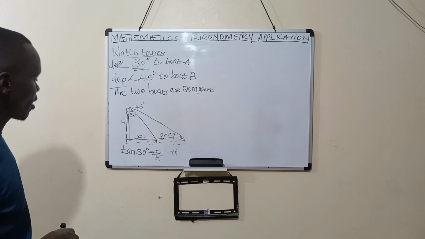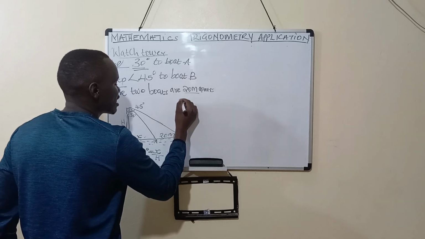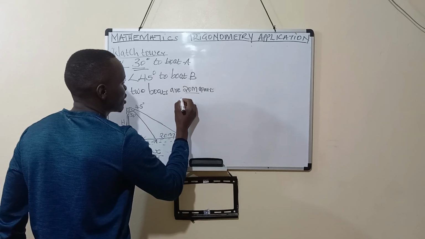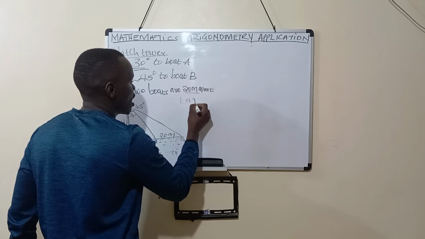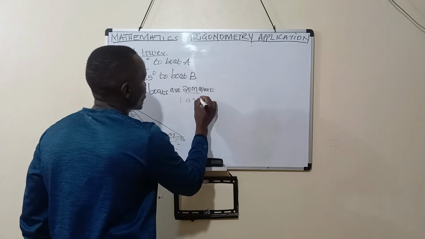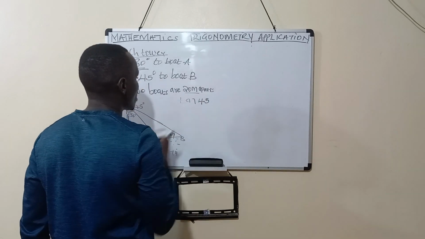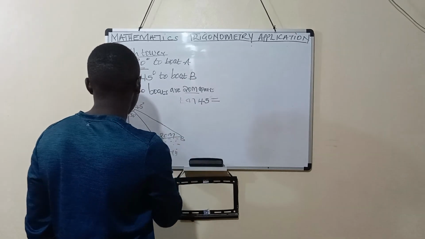Then we can also say that tan 45 degrees will be given by opposite.